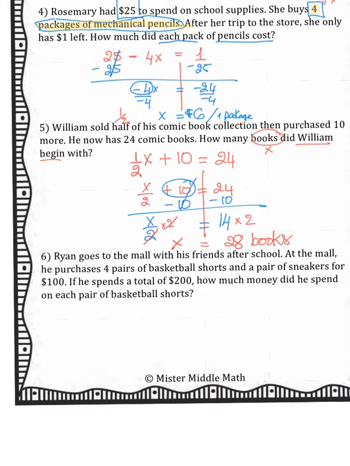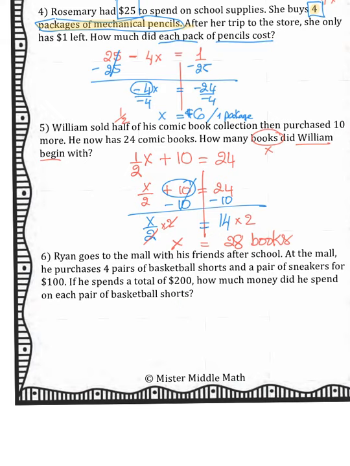Number 6, last question. Ryan goes to the mall with his friends after school. At the mall, he purchased 4 pairs of basketball shorts, and then 8 pair sneakers for $100. If he spent a total of $200, how much did he spend on each pair of basketball shorts?